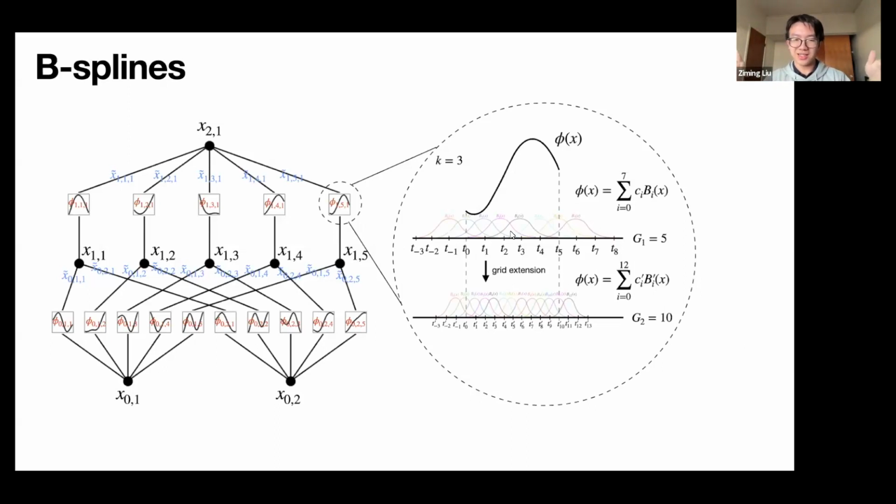I would basically just collect the distribution of the samples, and then reallocate my grids to make sure that my grids cover the distribution. So the splines have both grid points and coefficients, but they're updated in different ways.